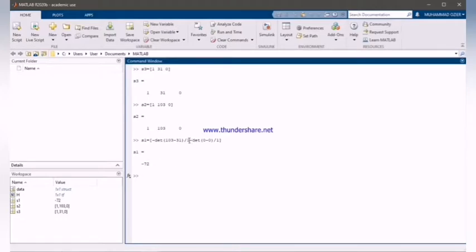Okay, next, for variable S0, we will create a formula. 2, bracket, negative 10, bracket, 0 minus 0 minus, 103 multiplied by 103 multiplied by negative 62, right?